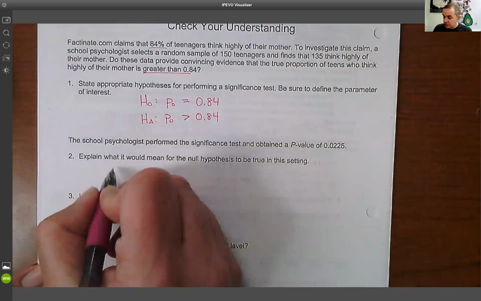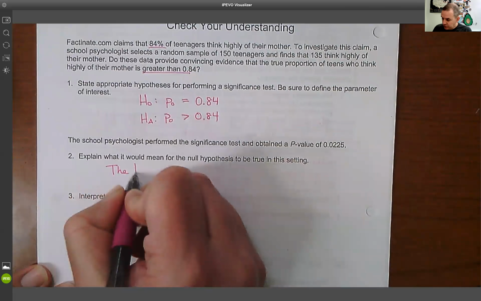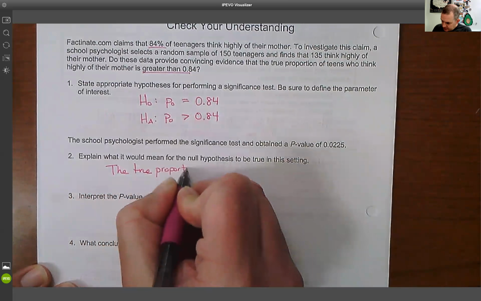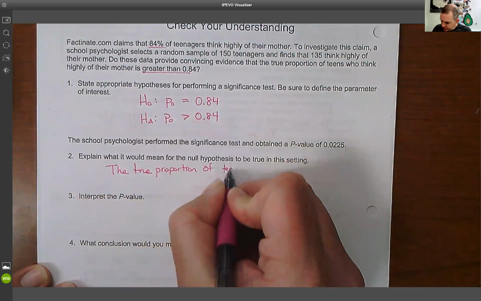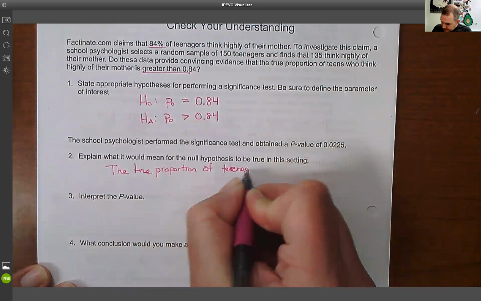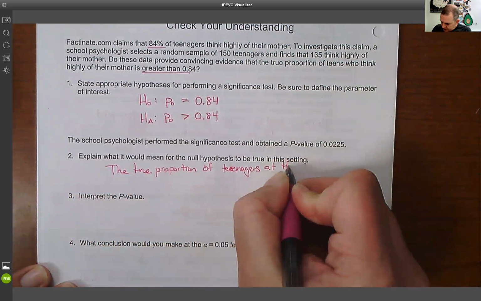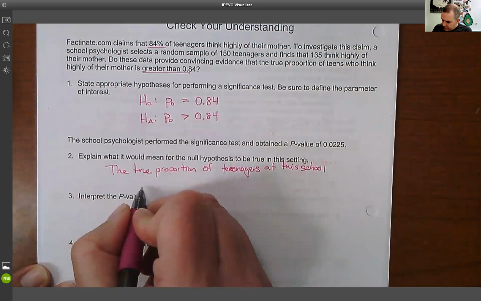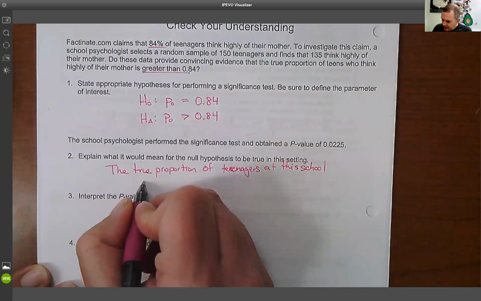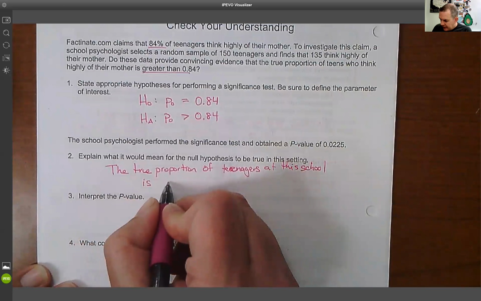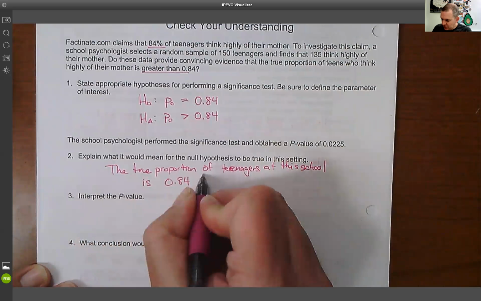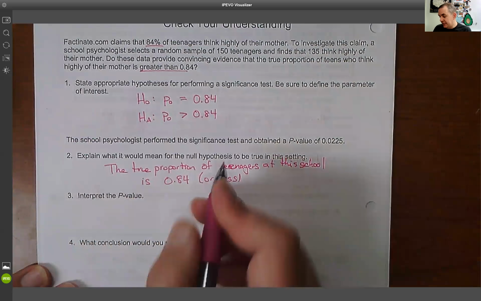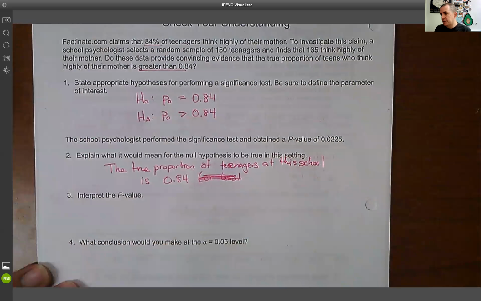If the null hypothesis is true, it is saying that the true proportion of teenagers at this school is 84% or less. Technically, that's what it's saying. Let's just stick with it being 84%.